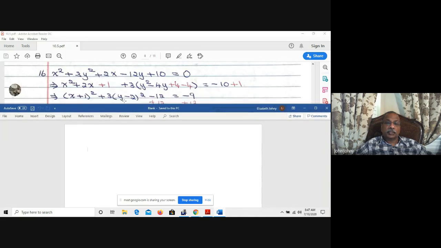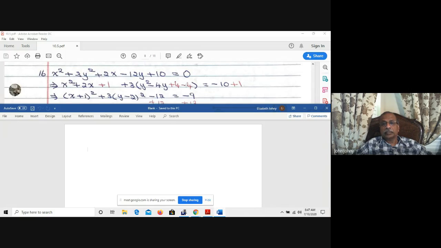Now you complete the square. Here, the coefficient of x is 2, its half is 1, 1 squared is 1. You add a 1 on the left and the right. And here, the coefficient of y is −4. Half of −4 is −2, and 2 squared is 4.